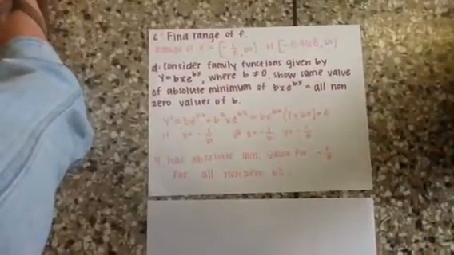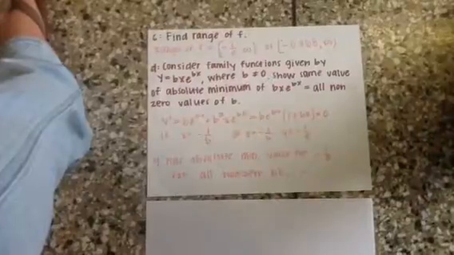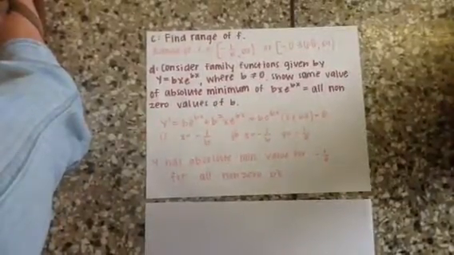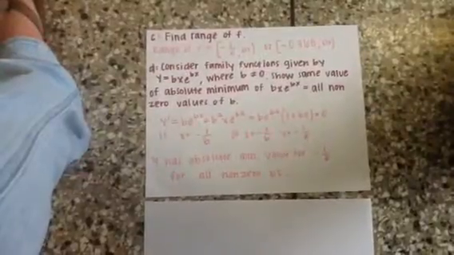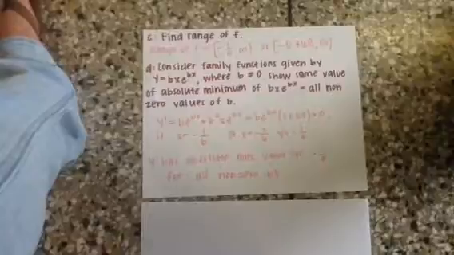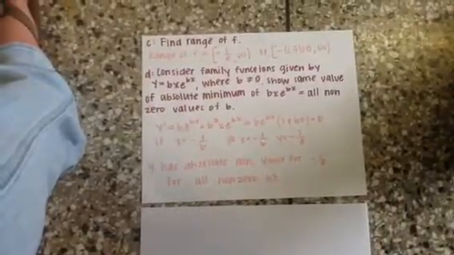You find that x has to equal negative 1 over b, and you plug this into your equation and find that at x equals negative 1 over b, y equals negative 1 over e. So therefore, y has the absolute minimum value of negative 1 over e for all non-zero b's.